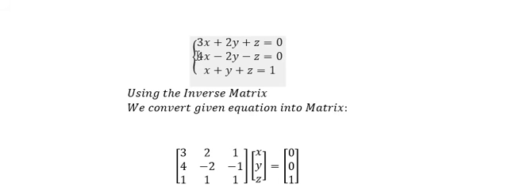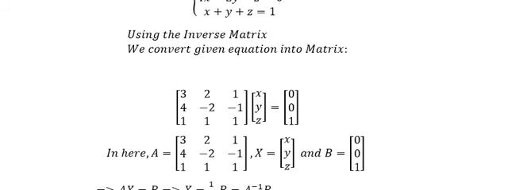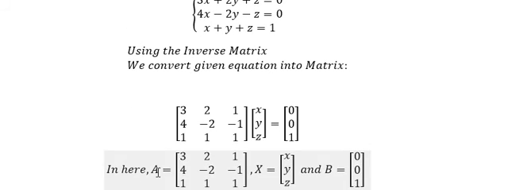Similarly for equation number 2 and equation number 3, we put 4, -2, -1, and we have 1, 1, 1. Here we put the names: capital A, capital X, and capital B, for these 3 matrices.